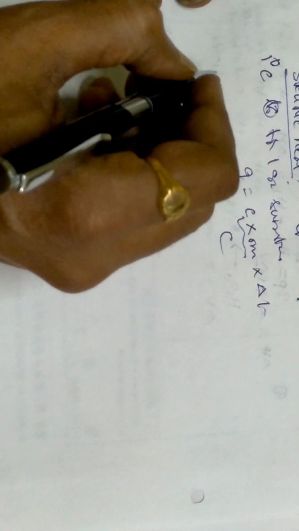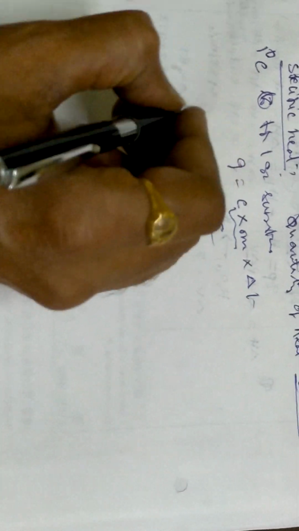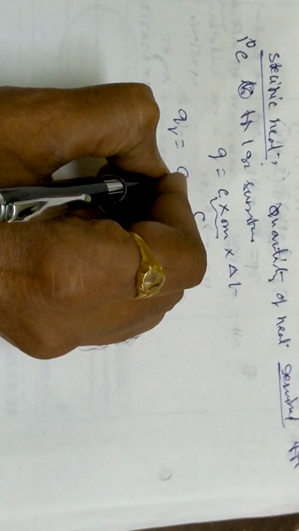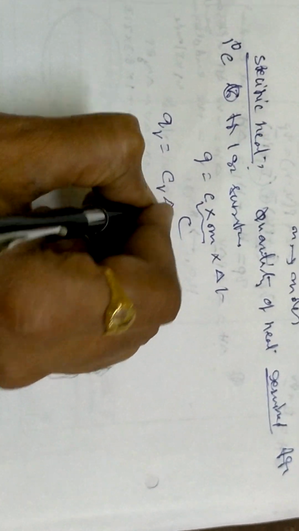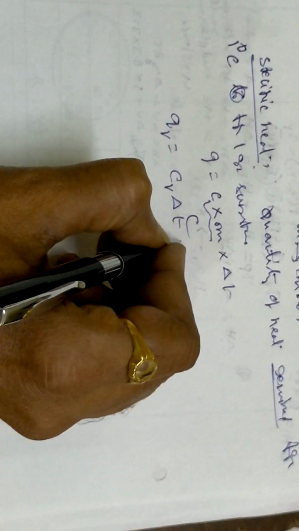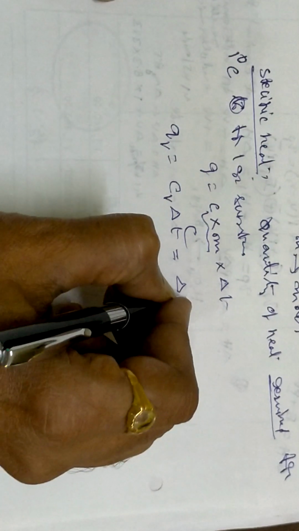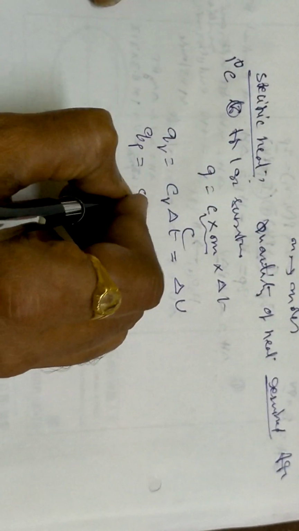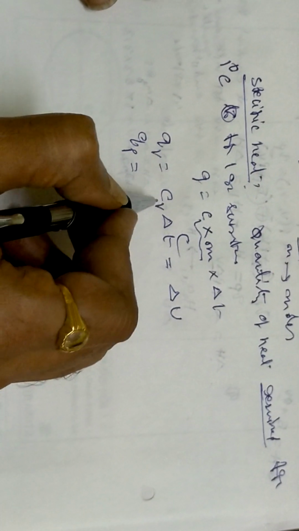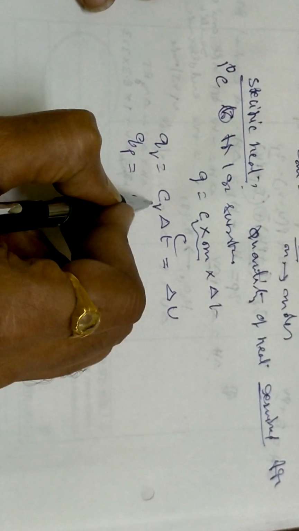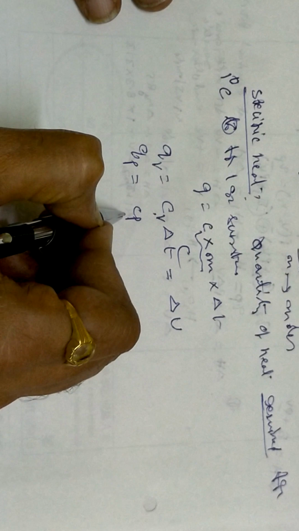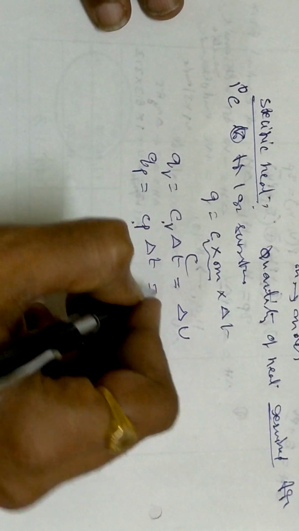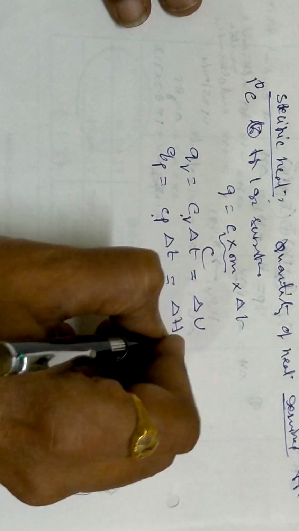Now Qv is Cv delta T, which is nothing but delta U, the internal energy. Similarly, Qp equals Cp delta T, at constant pressure. Cv is heat capacity at constant volume, Cp is heat capacity at constant pressure. This is nothing but delta H.